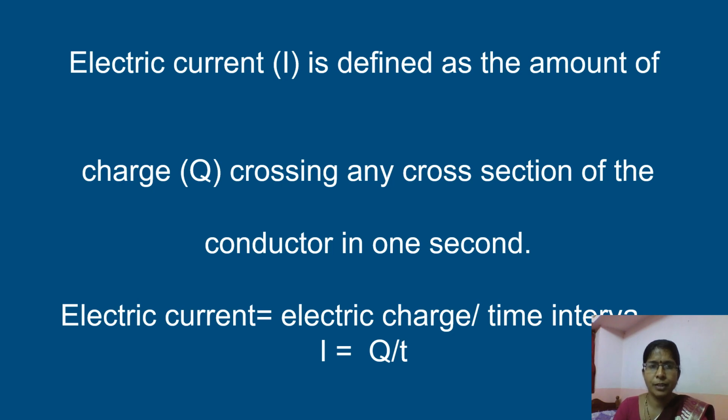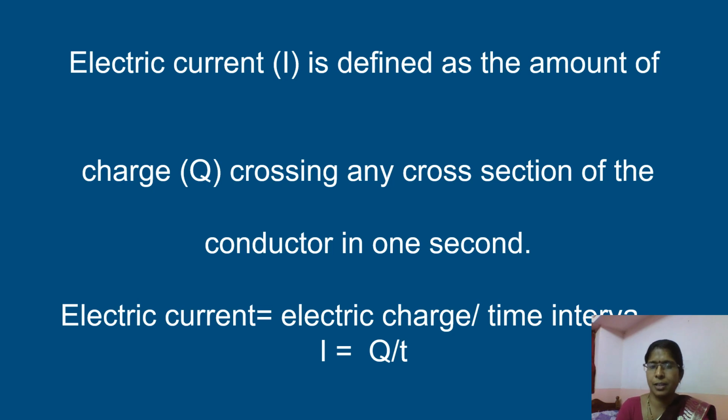Hence, we can define the electric current as the amount of charge crossing any cross section of the conductor in 1 second. Because when you connect a conductor to a battery, immediately an electric field is set up. Due to this electric field, all the electrons move in an order.